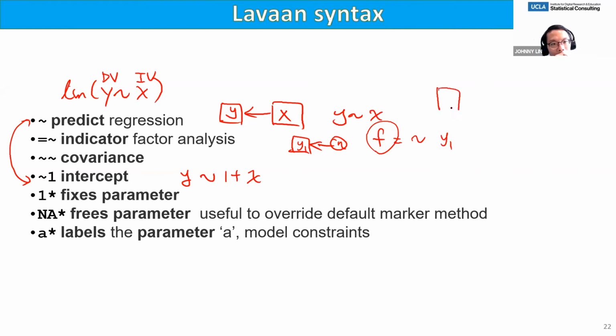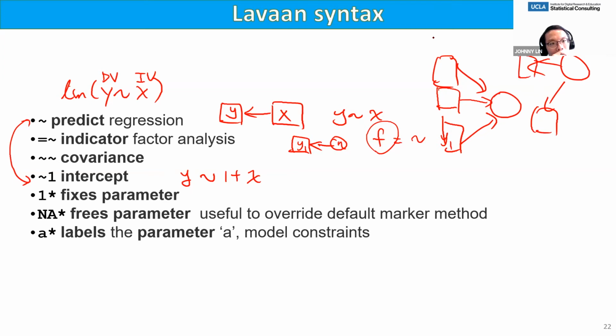But a lot of people come into stat consulting and they draw the arrows the wrong way. Sometimes I even get confused, right? But this is not what we're talking about. We're talking about this.